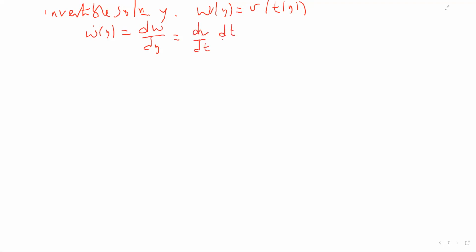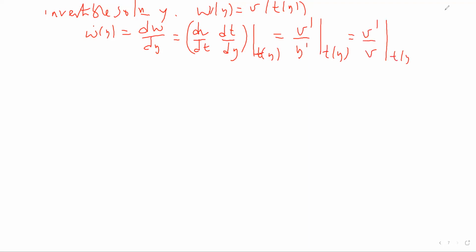So we introduce w of y is equal to v of t of y such that the function satisfies, we have w'(y) is equal to dw over dy, which is equal to dv over dt times dt over dy, which is equal to v'(t(y)) over y'(t(y)) is equal to v' of v of t of y.